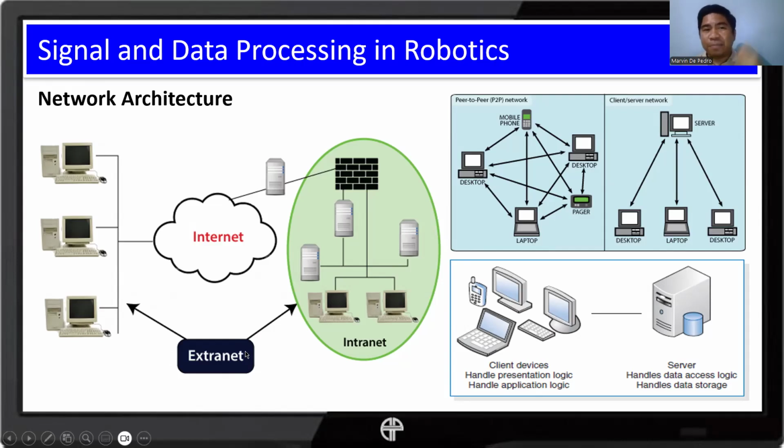Extranet means we build our own links separate from the internet. So we connect our local network to the outside world using our own links and not using the internet.